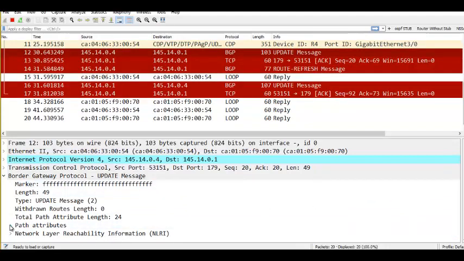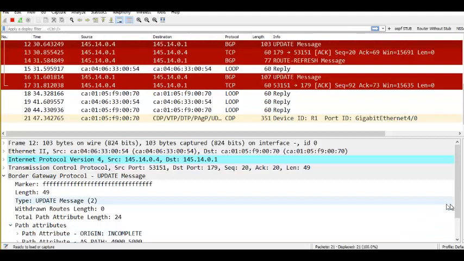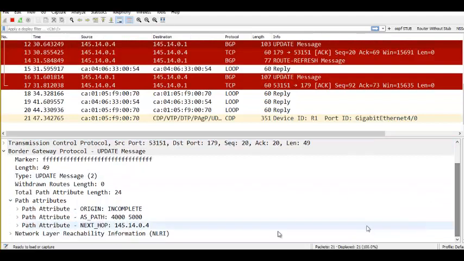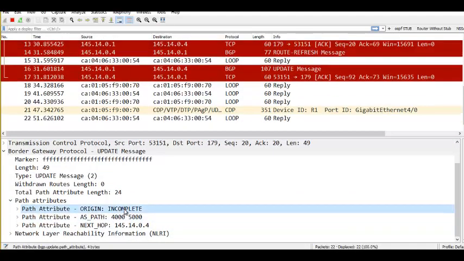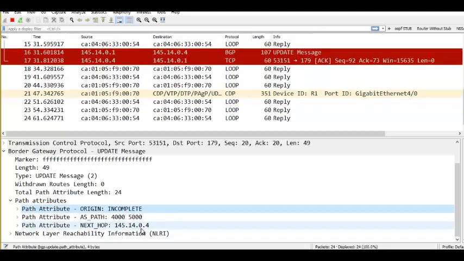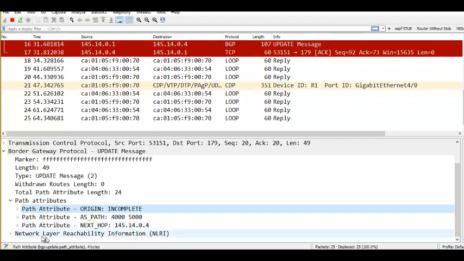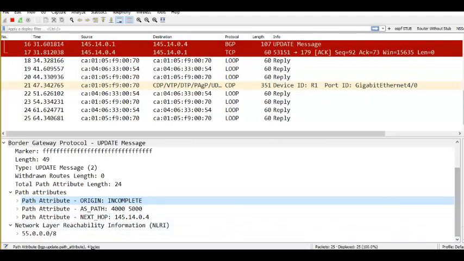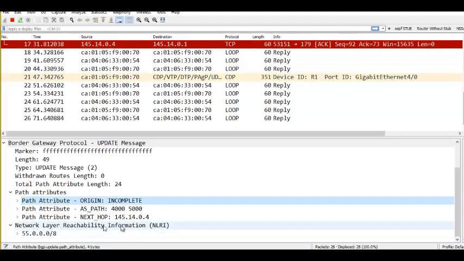You see, it says origin is incomplete. AS path is 4000 and 5000. The next hop is 145.14.4. For which network? For the network 55.55.55.0, network layer reachability information. See how nicely it shows, no?